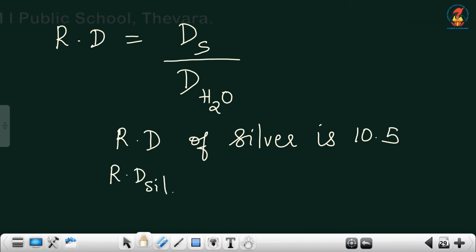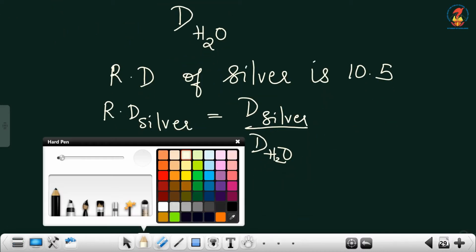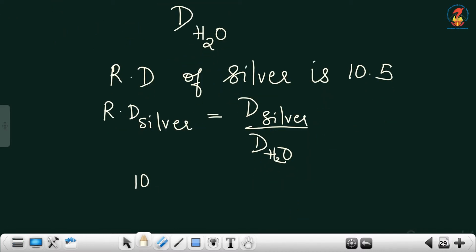Relative density of silver can be written as density of silver by density of water, and according to the statement, relative density of silver is 10.5, which is equal to density of silver by density of water.